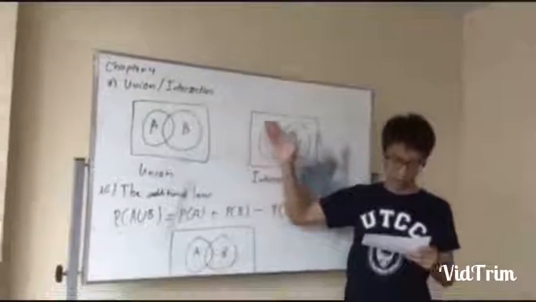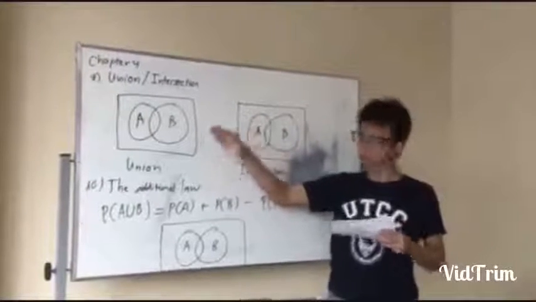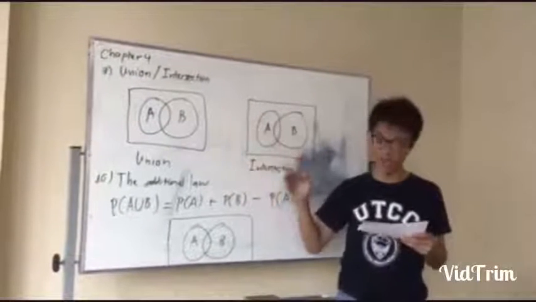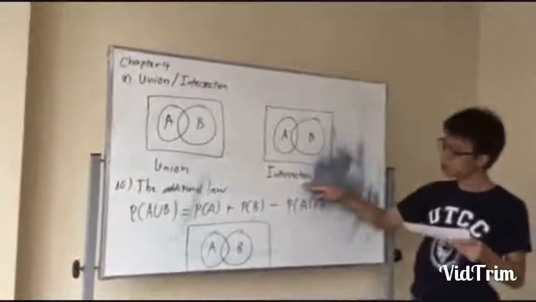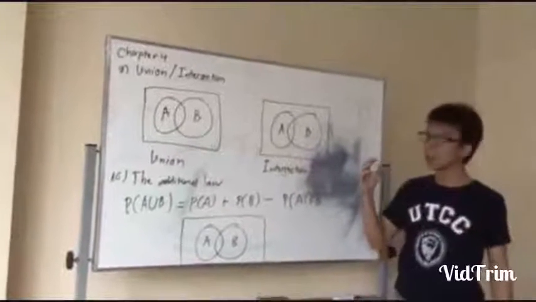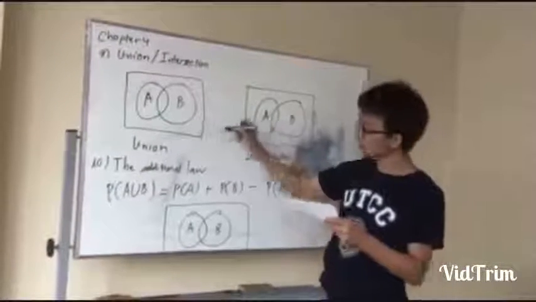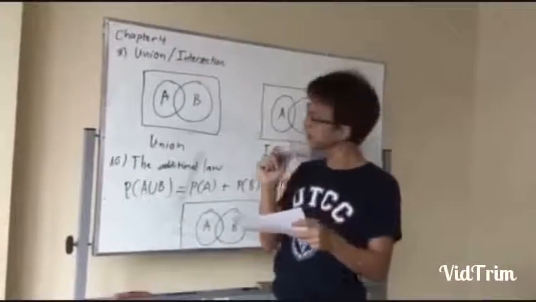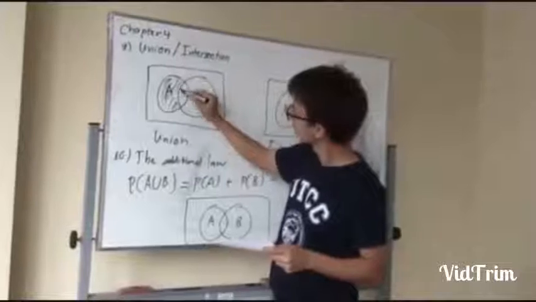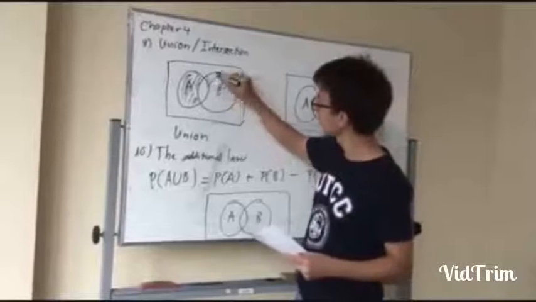The union of two events is the event that has all sample points that exist in A or B or both A and B. And the intersection of two events is the event that has all sample points that exist in both A and B. So for the union example, if it exists in A, only A will appear, and about B, only B will appear.